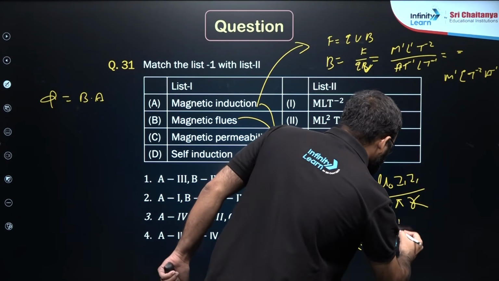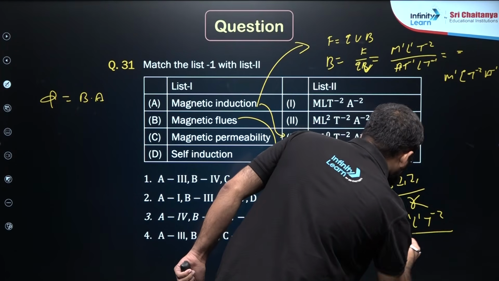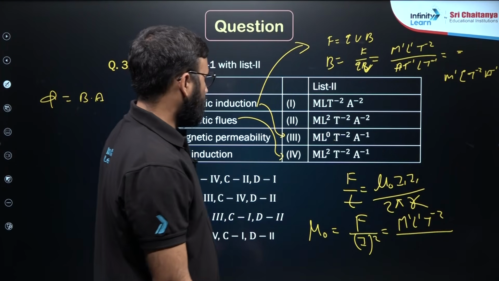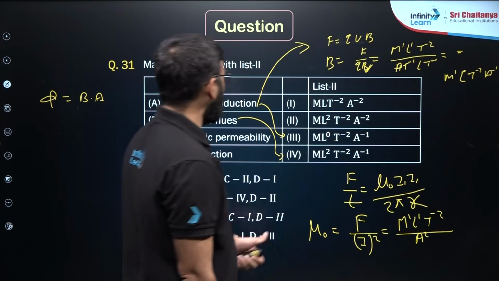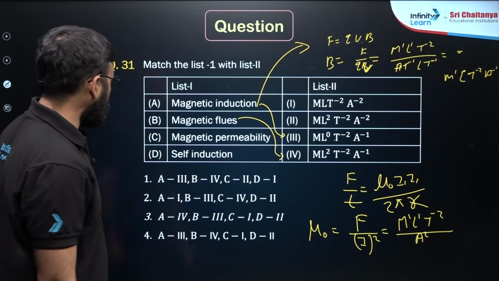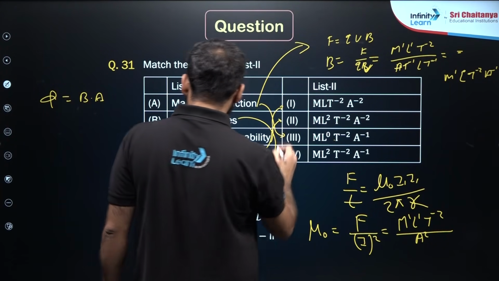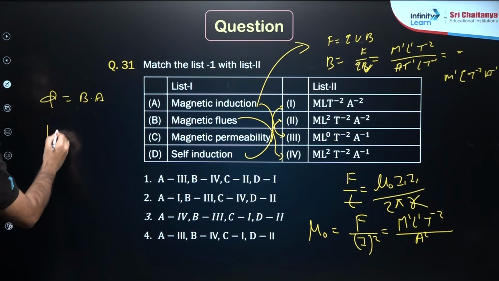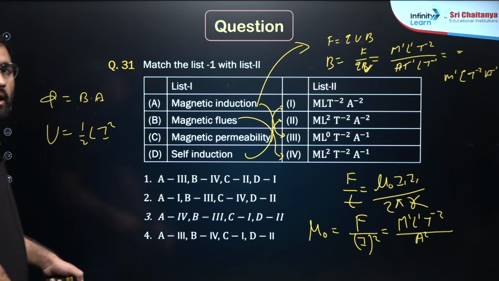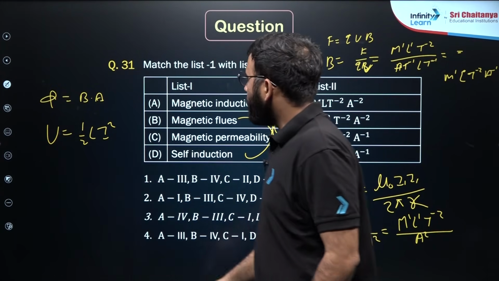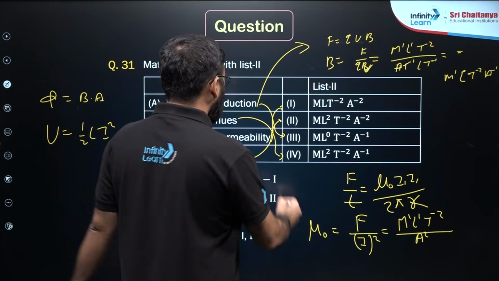The dimension is M1 L1 T minus 2 divided by I square. What is the dimension of current? Ampere, so A power 2. So M1 L1 T minus 2 A minus 2, that is my option first. The remaining is the magnetic self inductance. U equals half L into I square, the dimension of energy is M1 L2 T minus 2 and I square is A square. So L equals M L2 T minus 2 A minus 2, that is option second.